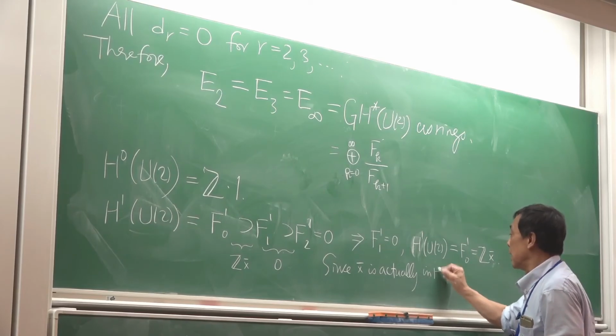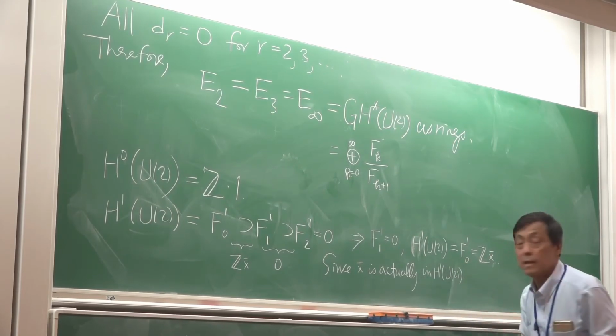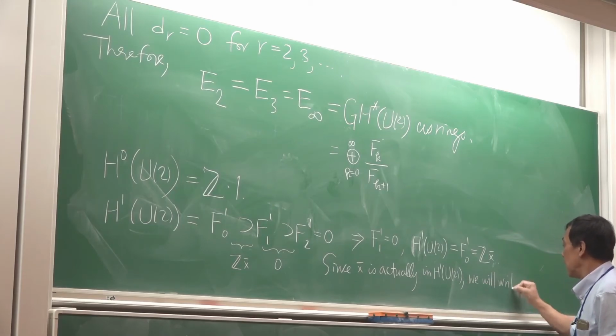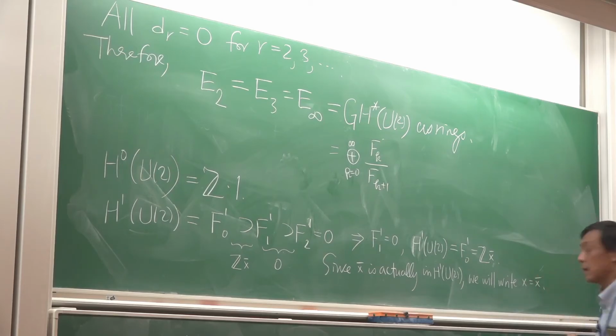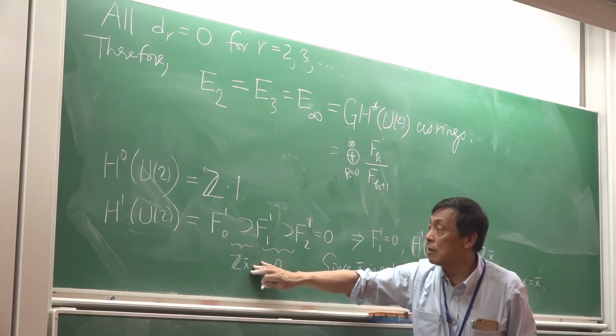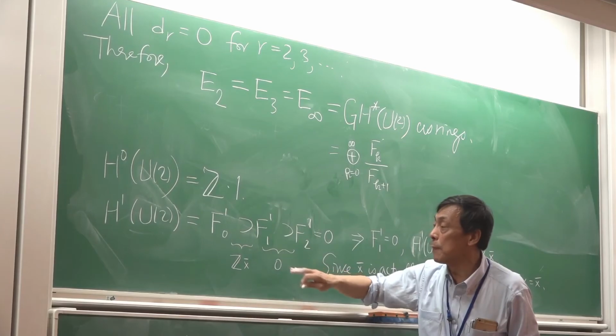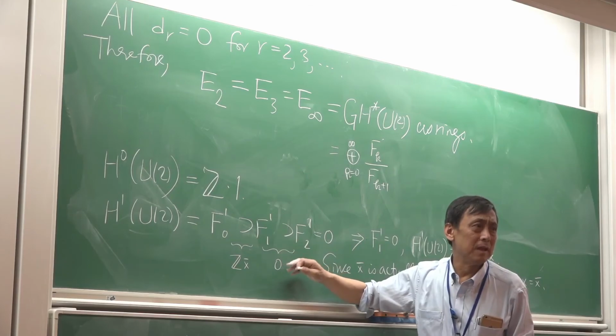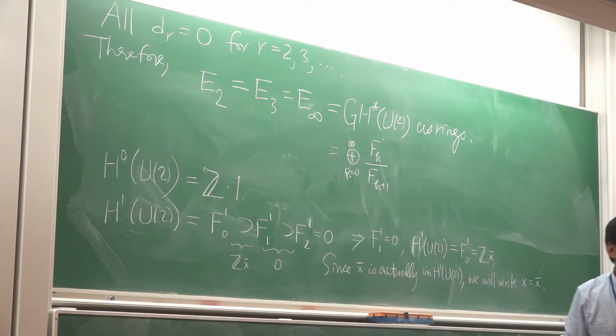We'll write x is equal to x bar. Now, in some other examples, if this is not 0, then x bar would be an equivalence class, and then it would be different from x. But here, it's the same as x.